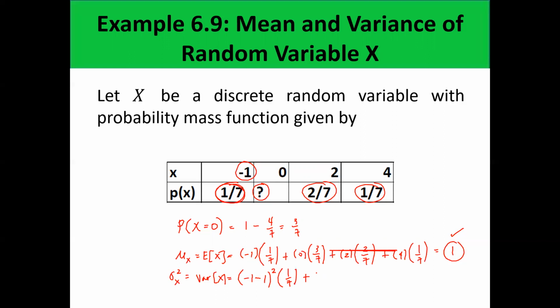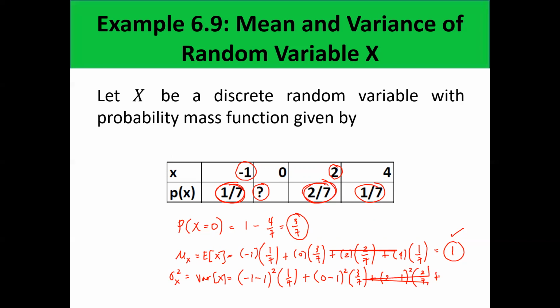For x equals 0, we have 0 minus the mean, which is 1, quantity squared, times its probability, which is 3 over 7. Then plus, for x equals 2, we have 2 minus the mean, which is 1, quantity squared, times its probability, which is 2 over 7.